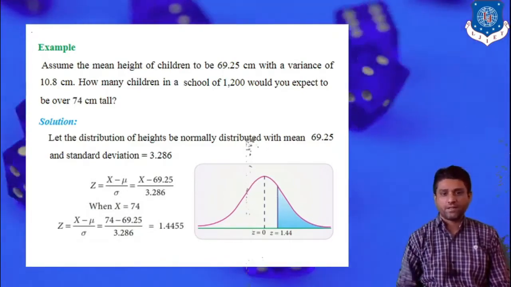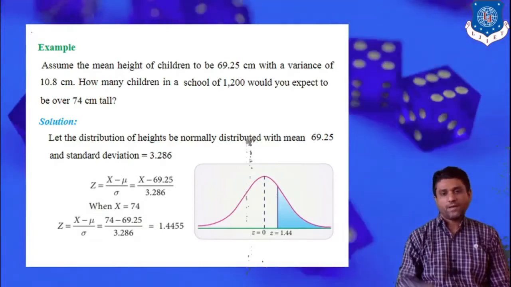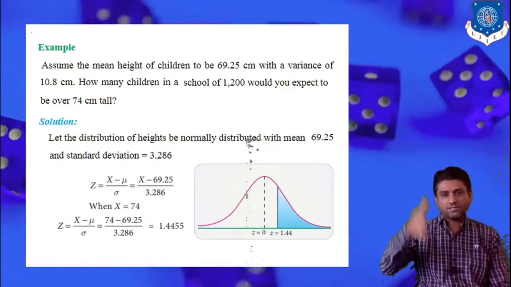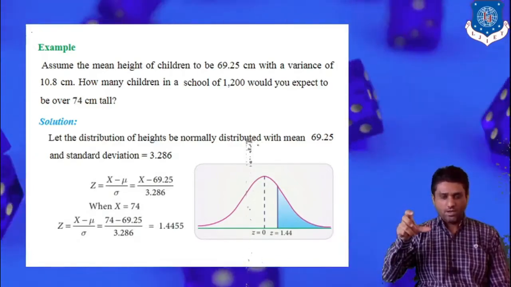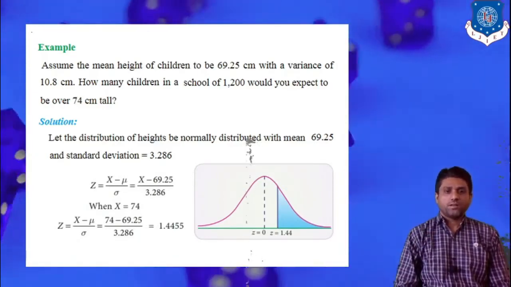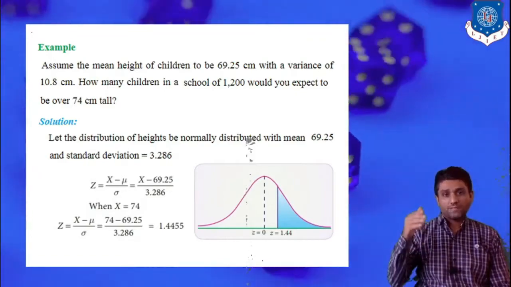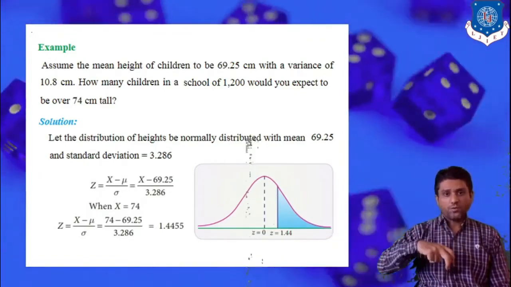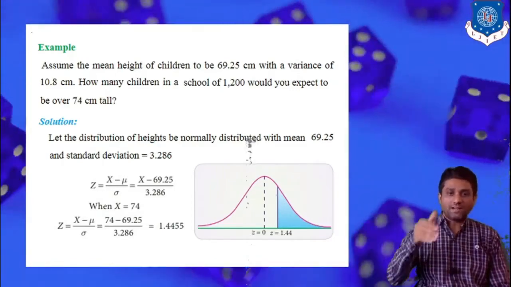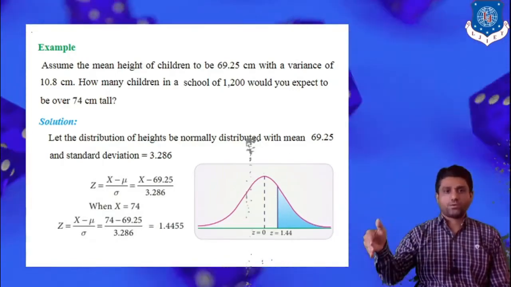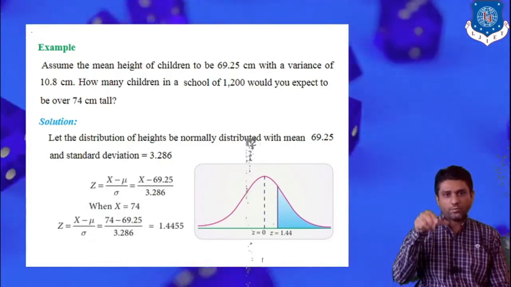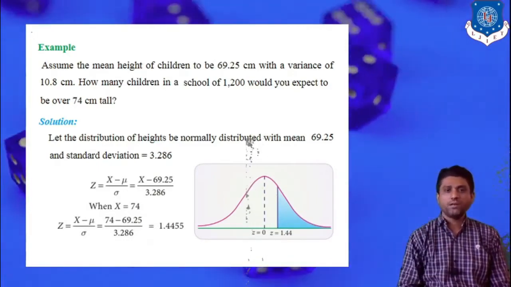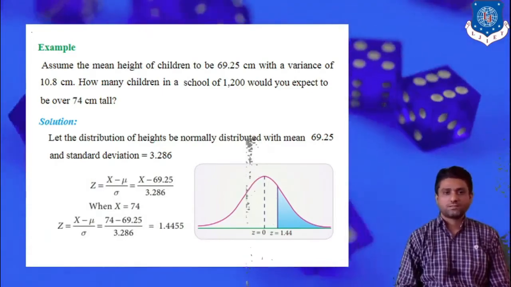Definitely it is an unbounded area. We know that the area of this right-hand side portion is 0.5. So instead of finding the probability of Z greater than 1.44, we find the probability of Z from 0 to 1.44, and whatever probability we obtain, we subtract from 0.5. It gives the desired result.